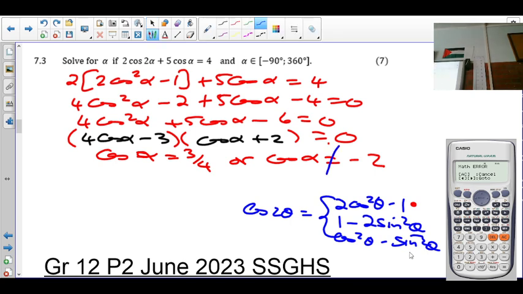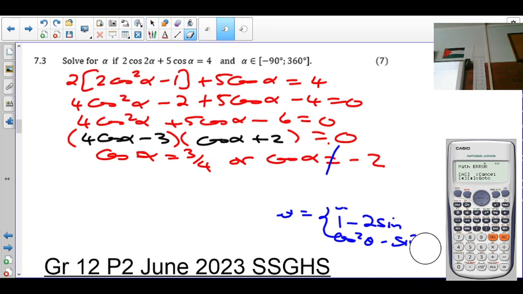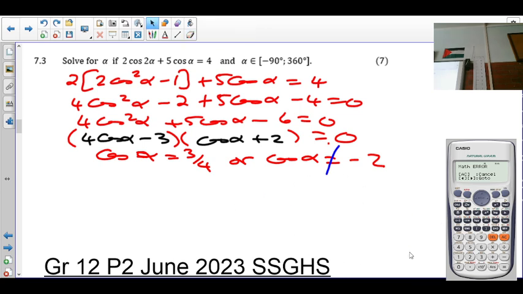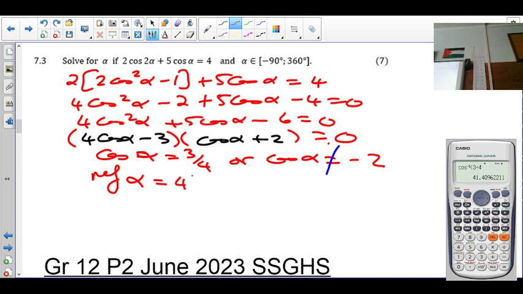However, the other one, your reference angle, so reference alpha is equal to arc cos of 3 over 4. Gives you 41,41 degrees.